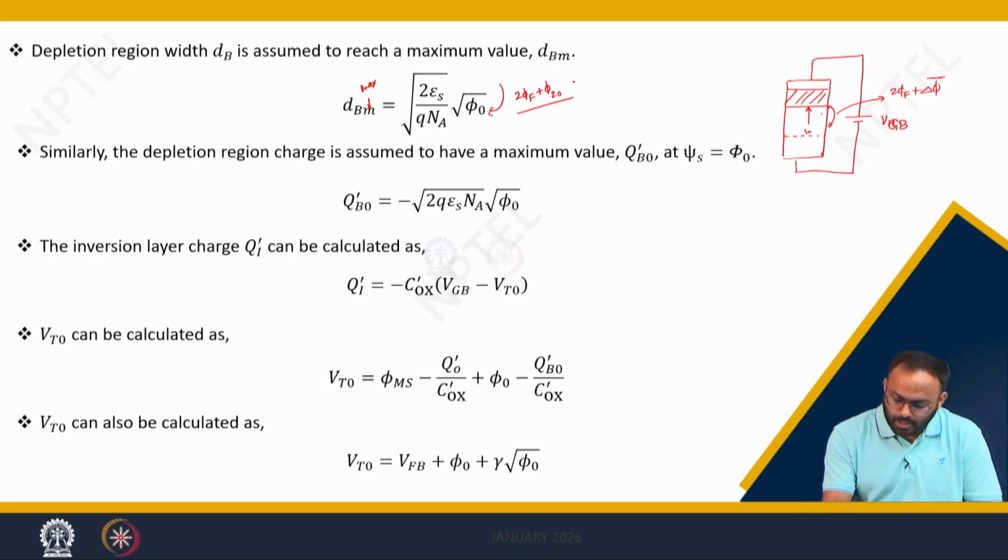At this depletion thickness you can get the bulk charge, which is nothing but square root of 2 into q into Na into epsilon s root psi s. Now in that condition psi s has become phi naught.